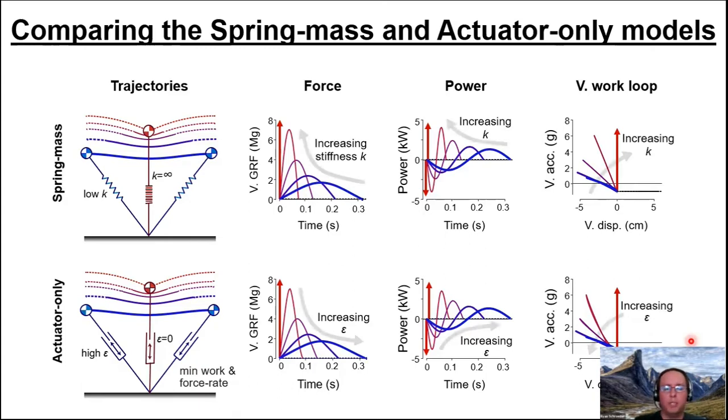And in both cases, you're really just adjusting a single parameter to adjust where on this spectrum of gaits you are. In the spring mass model, you can increase the stiffness of the spring to get a more impulsive force. In the actuator-only model, you're reducing the effective force rate cost to get a more impulsive force.